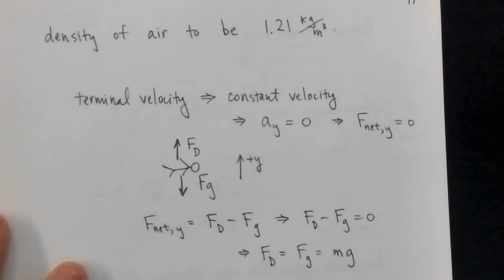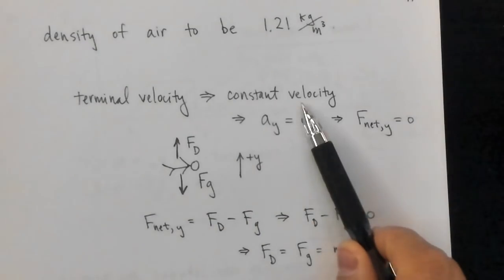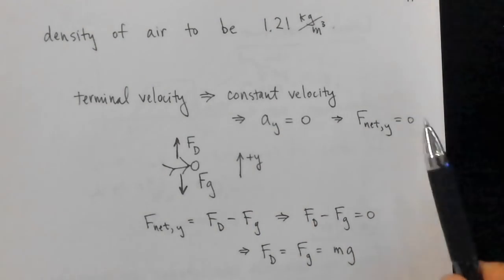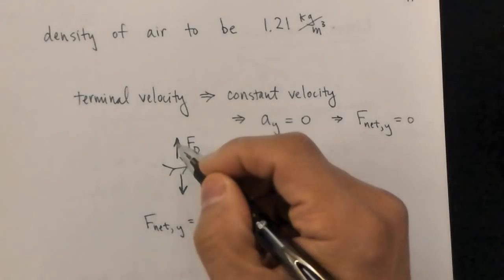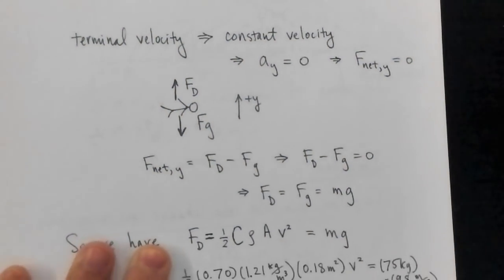Okay, so terminal velocity means that you've gone so fast that you're not accelerating anymore. The force of air resistance is canceling out the force of gravity. So you have constant velocity, acceleration in the y direction is 0, and then F net y is equal to 0. So the drag force and the force of gravity cancel out. Let's take this to be positive y direction.